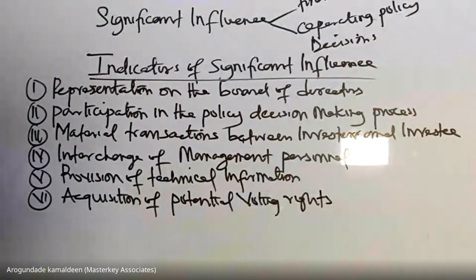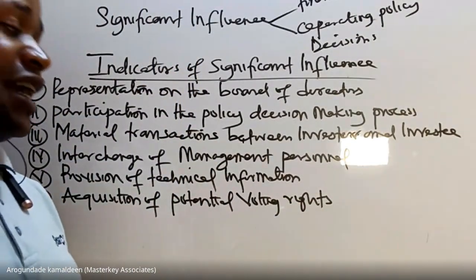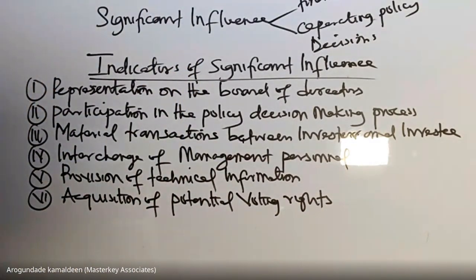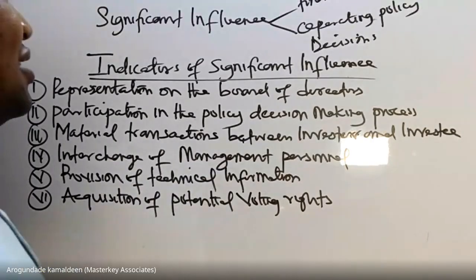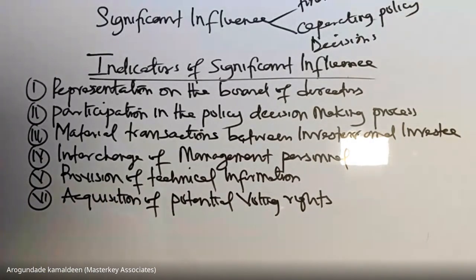That is, the moment you acquire 20% of the equity shares of the associate, class, if you see any of this, it is an indicator that what we have here is a significant influence, that the investor has significant influence. Is that clear?